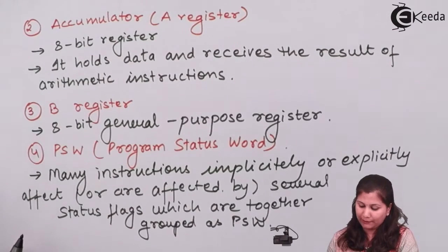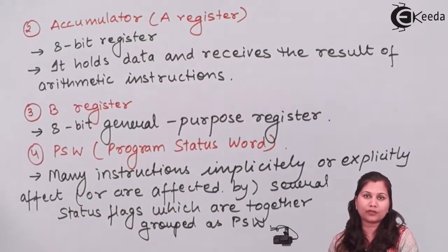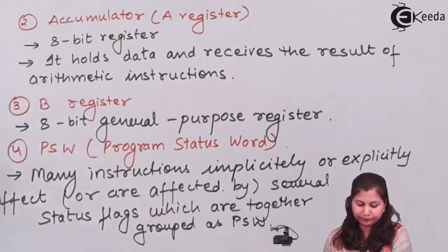Now this program status word shows the status of all the flags of 8051, and it is also used to select the memory bank. This program status word is an 8-bit register, and each of these 8 bits is defined as a specific status flag.